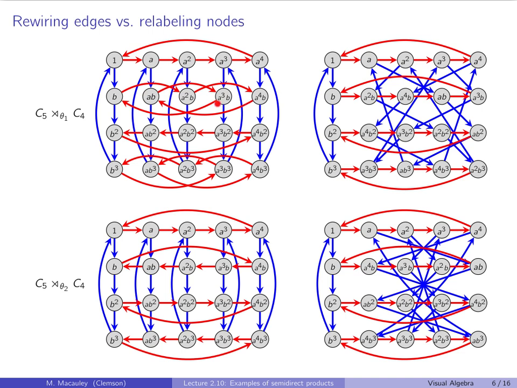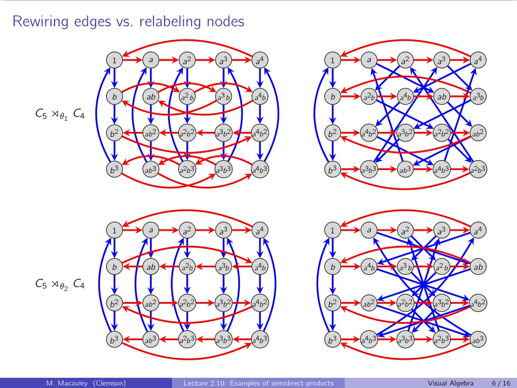So what we're doing here is relabeling the nodes, whereas here we're fixing the node position and rewiring the edges. So I hope you agree that this is probably a little bit preferred to this.